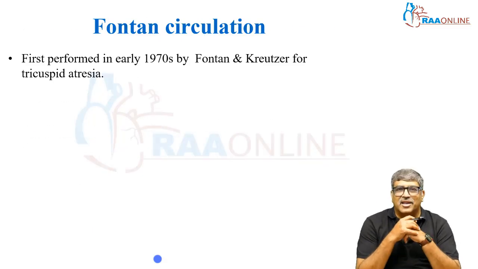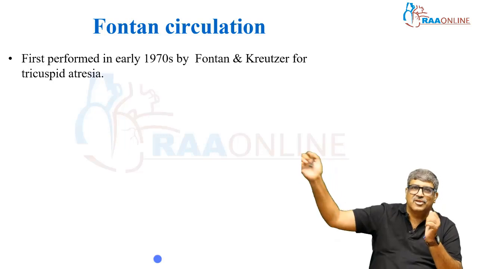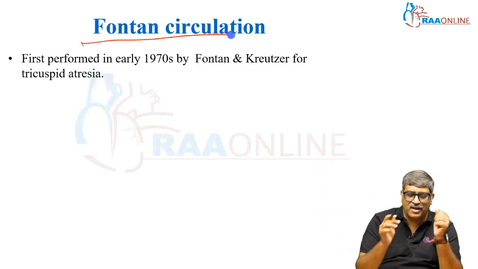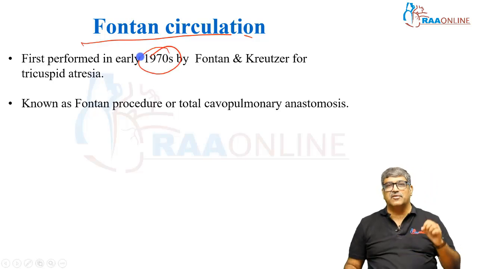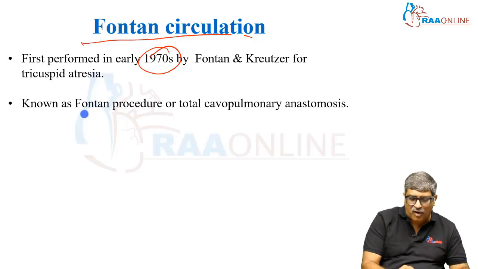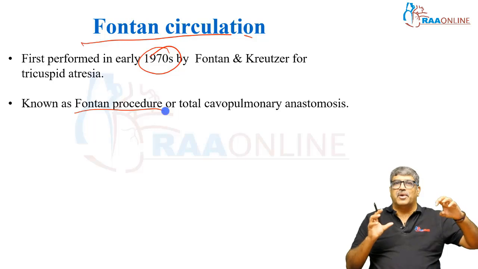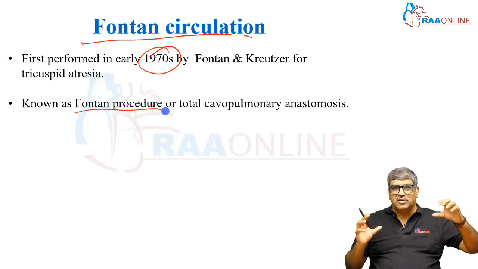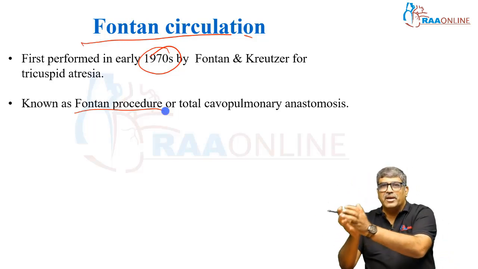Now coming to another important surgery which is done for single ventricle, where the child goes into adulthood, called the Fontan, which was performed in the 1970s by Fontan and Kreutzer for a case of tricuspid atresia. This is known as the Fontan procedure or total cavopulmonary anastomosis. By that meaning, your IVC blood and the SVC blood is connected to the pulmonary artery.